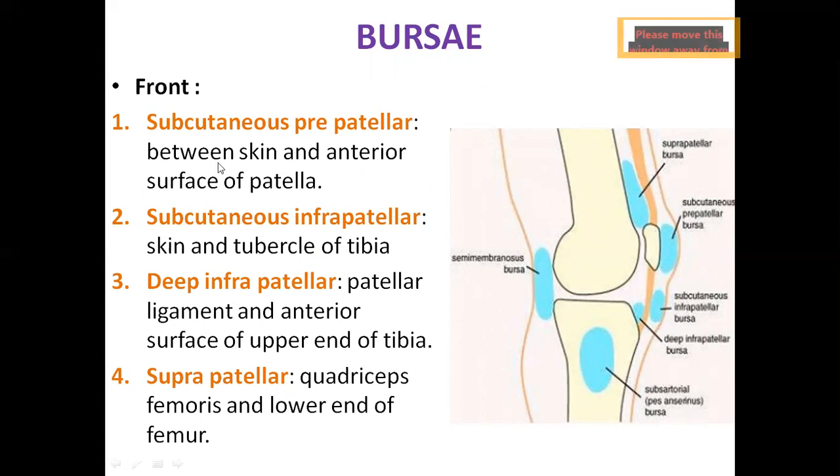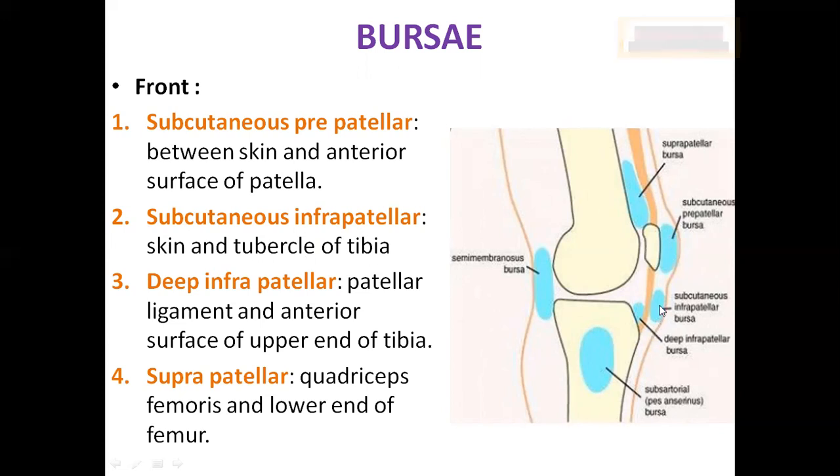So let us see the bursae. In front we have the subcutaneous prepatellar bursa. This is the patella bone, and just in front of the patella, between the patella and skin, you have the subcutaneous prepatellar bursa.